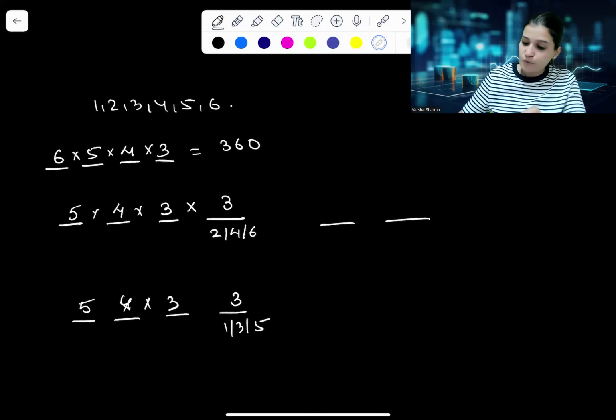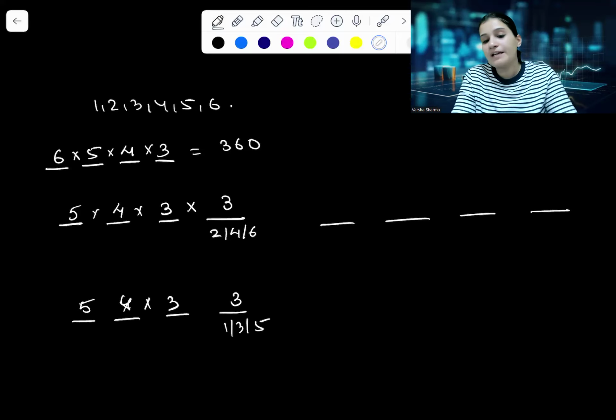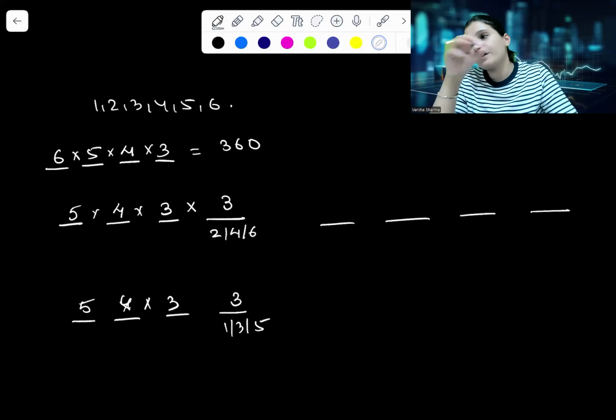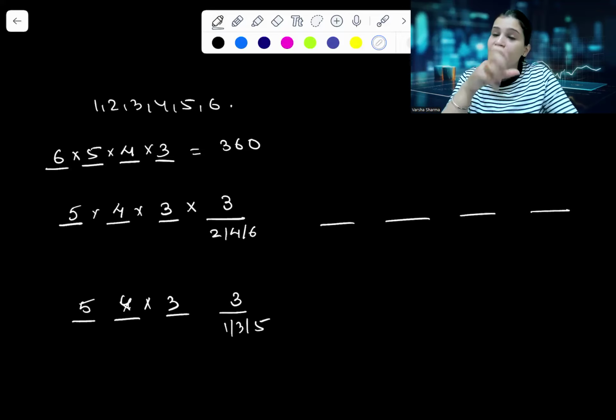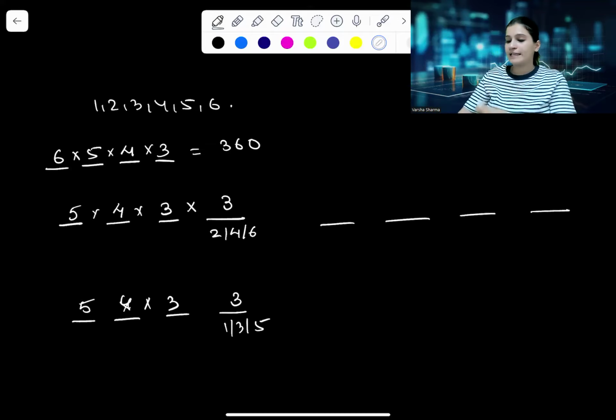So in this case, if I want a four-digit number which is divisible by 4, then the last two places should have a combination of numbers which is a multiple of 4. So from these 6 options, first I will see how I can use these digits to make the placement of the last two digits so that they become a multiple of 4. Agree? So what can I write?